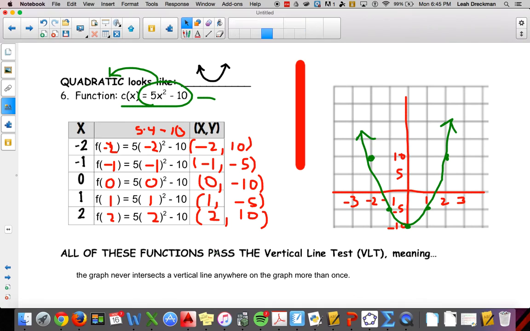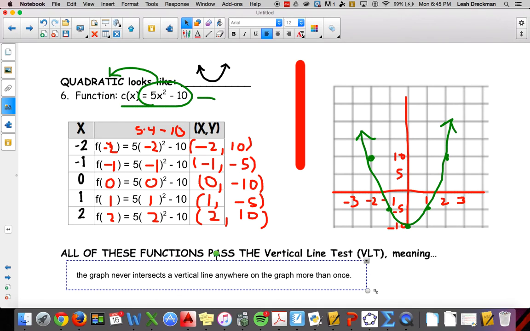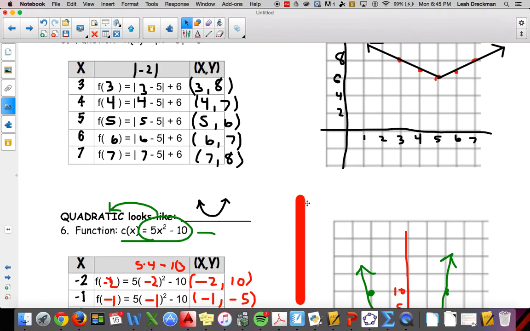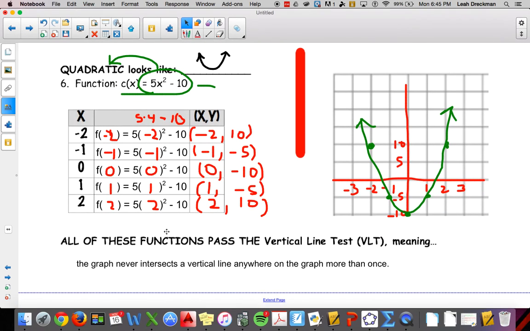It never crosses through the graph more than once. All right, and that is essentially a visual way to check to see if what you have graphed is a function.